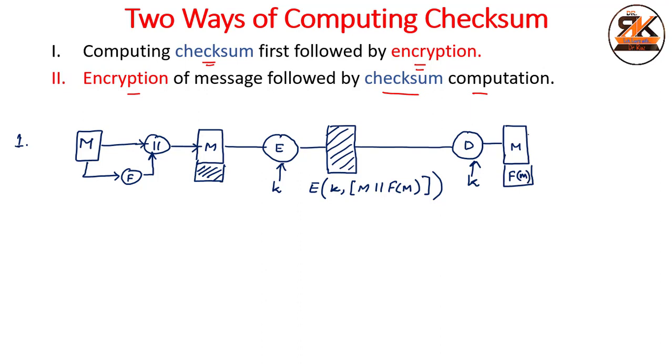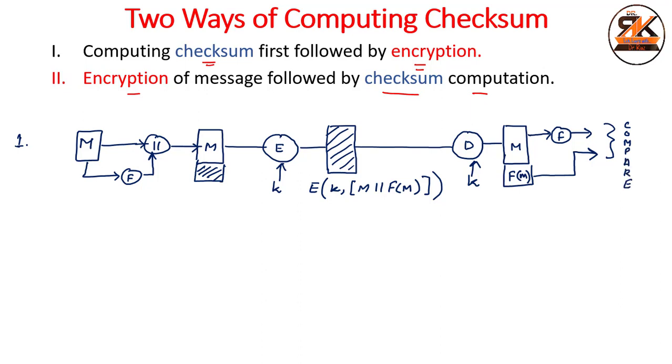Then you apply on the original message the same function that you had used for calculating the checksum, and you calculate the checksum again at the destination side. Then you compare it with the already calculated checksum which was appended to your message. So you compare both these checksums.